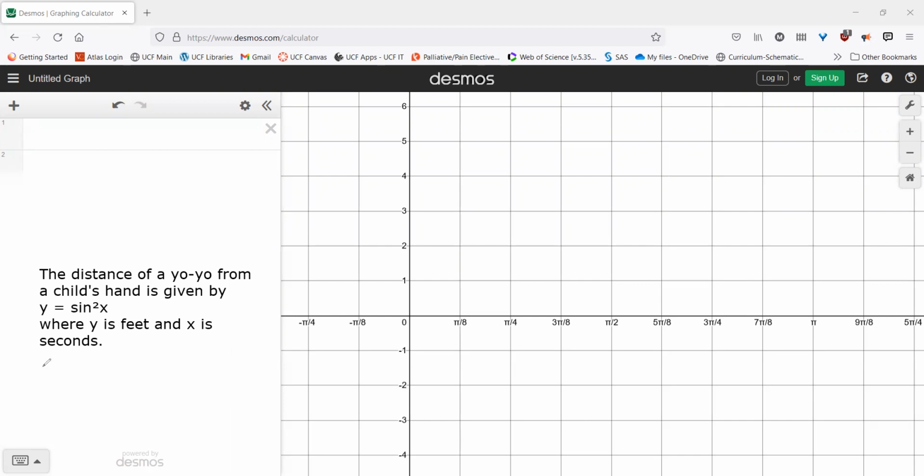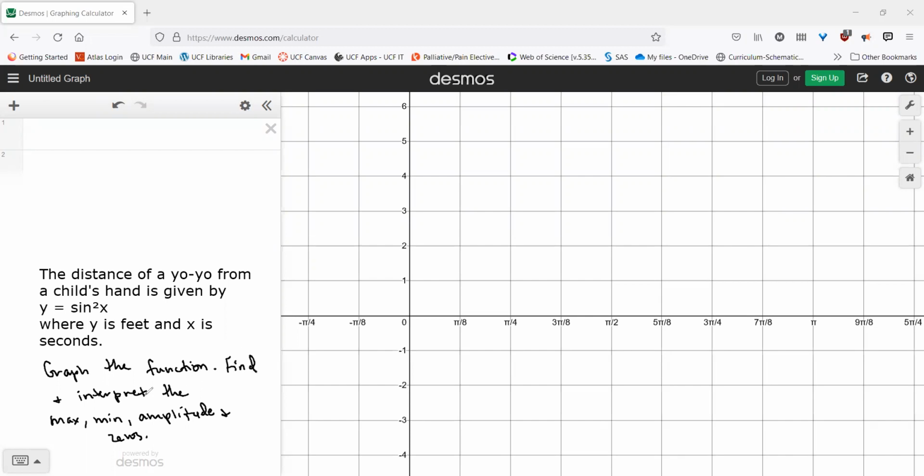All right, so graph the function and interpret the maximum, minimum, amplitude, and zeros.